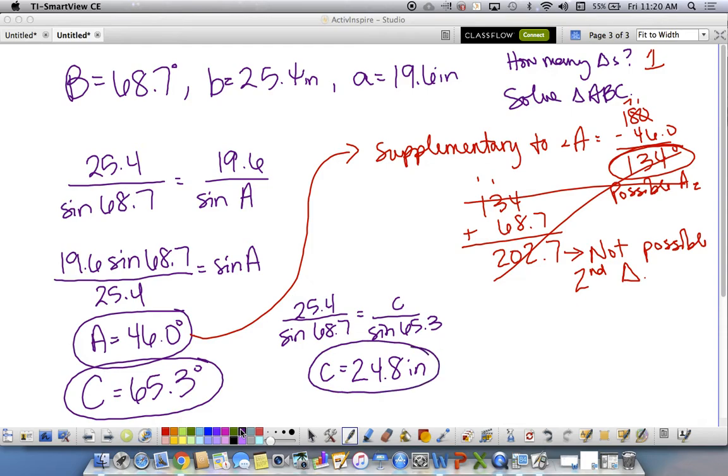You can do this. We're going to have some problems for homework. So in 7.2, we're going to do problems. Determine the number of triangles. In the first few, you're just going to tell me how many triangles are possible.